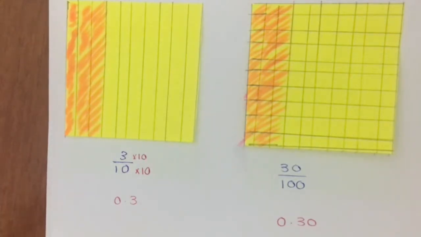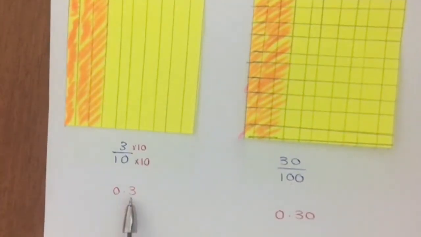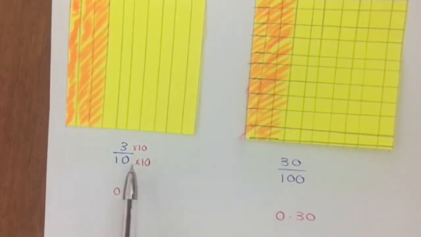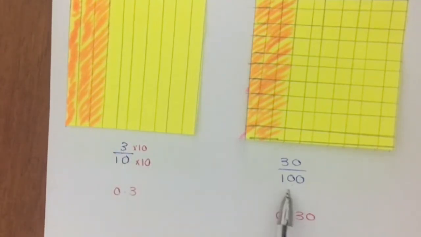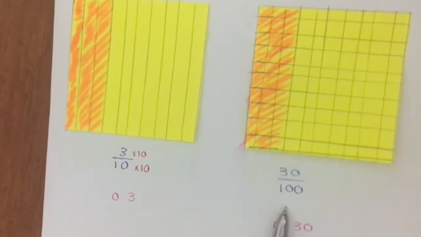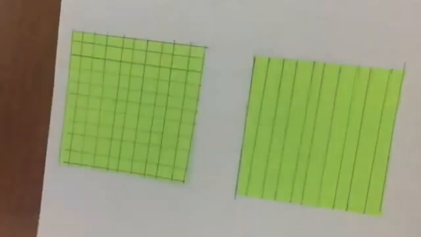Equivalent decimals are decimals that name the same amount. And how can you write tenths as hundredths? You multiply by 10: the number as tenths, you multiply it by 10 to get the number as hundredths.